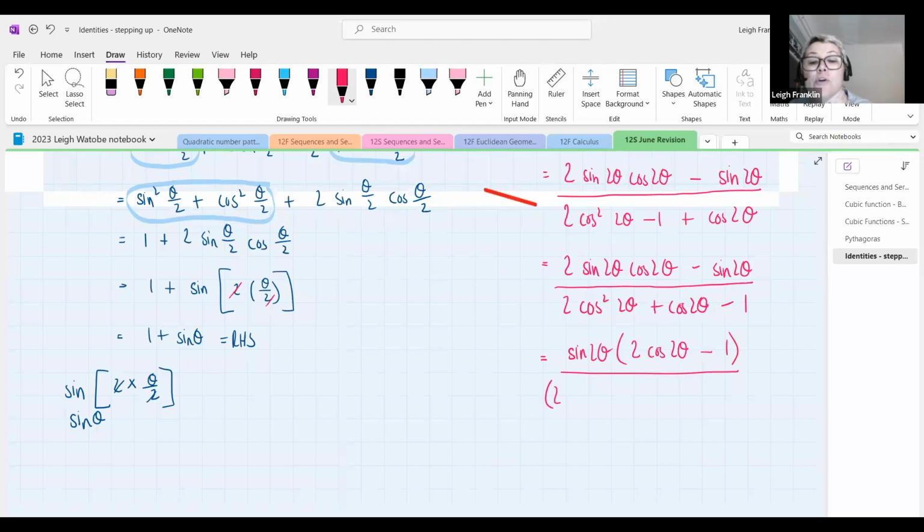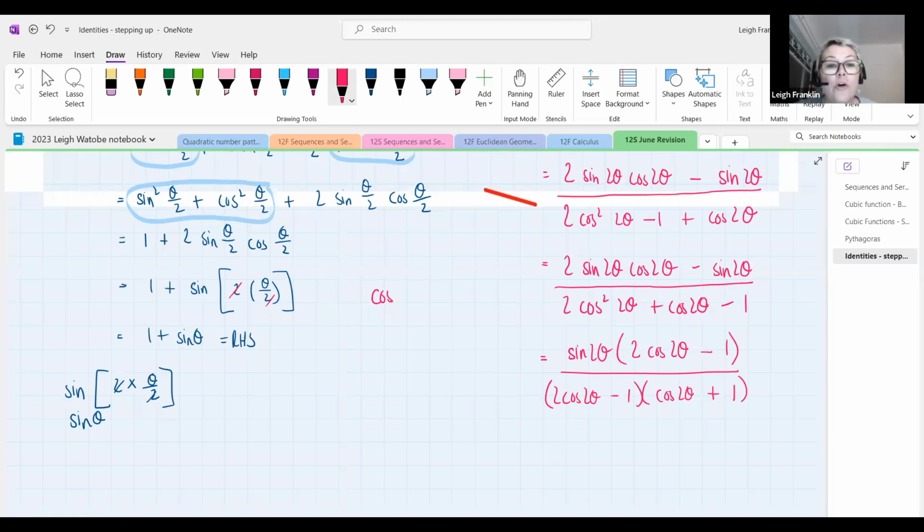I'm going to have 2 cos 2 theta at the front of that bracket, cos 2 theta at the front of that bracket. Now I need 1 and 1 to give me 1. I've got plus 1 in the middle, so that bracket needs to be a plus, and that bracket needs to be a minus.